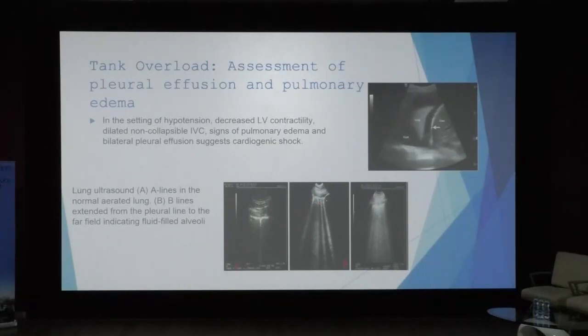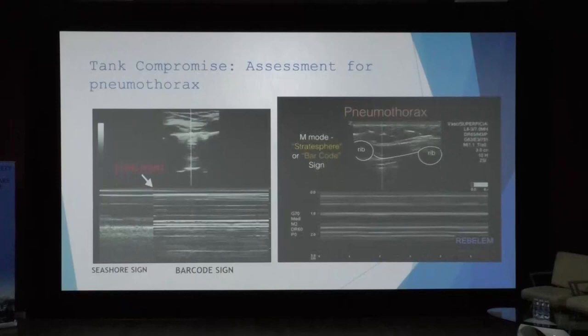And if fluid is present, lines starting from the pleural line going to the end, coming like rockets, 2 to 3 of them, indicate the patient has some amount of fluid overload or fluid collection; these are called B lines. In lung ultrasound, we see A and B lines. If B lines are there, it means the alveoli are filled with fluid, maybe because of a cardiogenic shock component or another component you have to look for, and then decide whether to give fluids or not. Mostly we avoid giving fluid to such a patient.